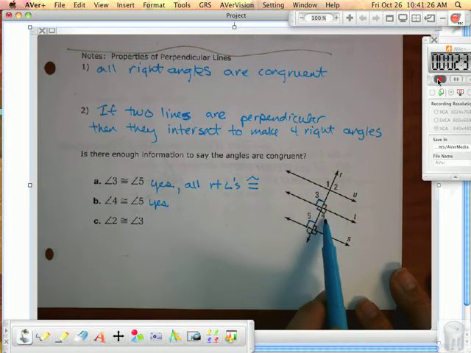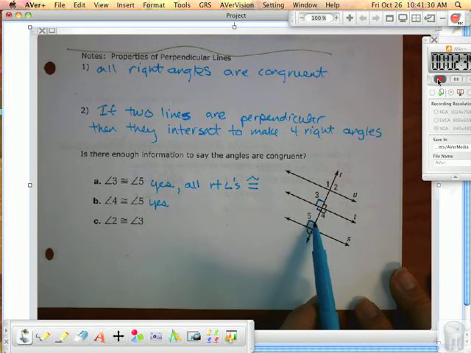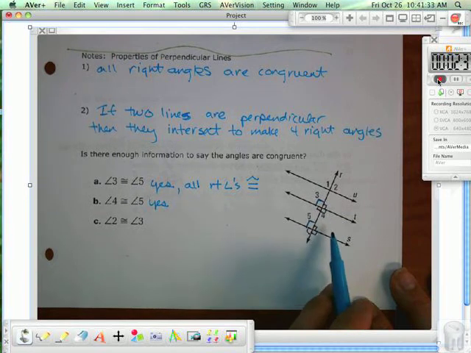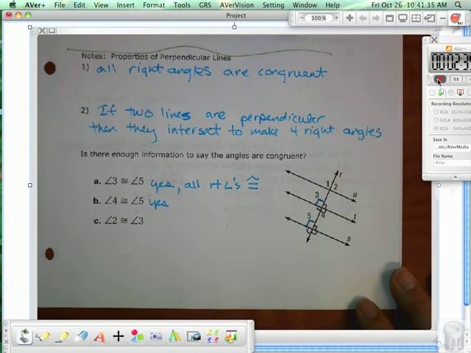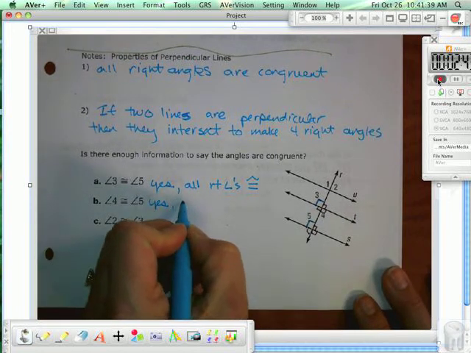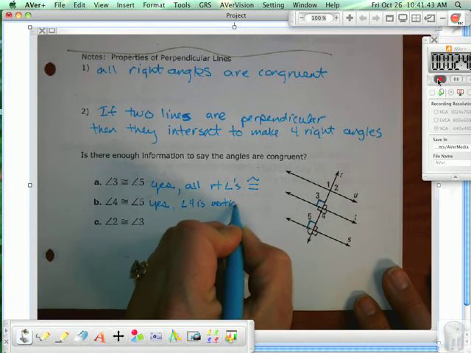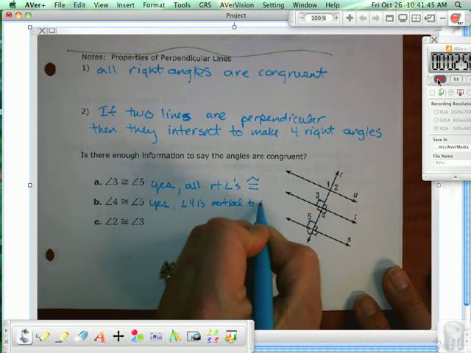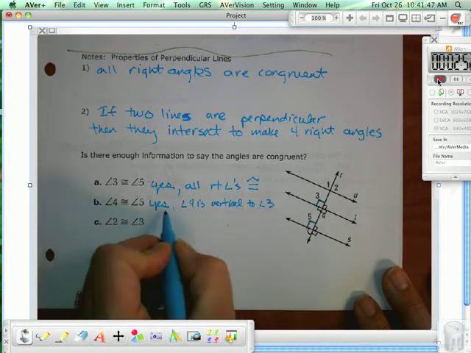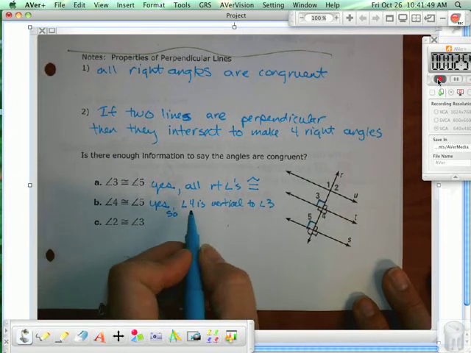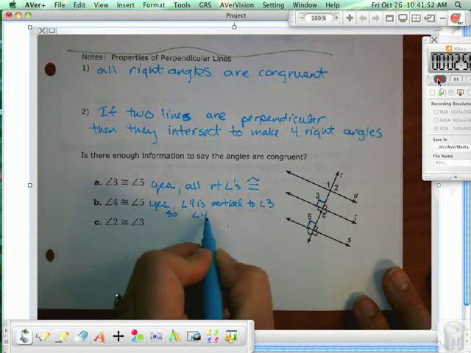So I know 3 is congruent to 5, and because of the vertical angle theorem, 4 is also congruent to 5. Angle 4, write this down and don't write too big, is vertical to angle 3. So, because of that, I can also say that angle 4 is congruent to angle 5.